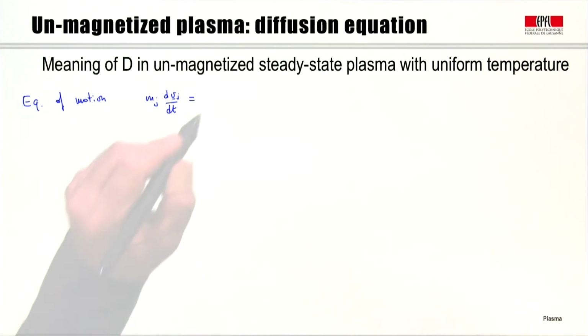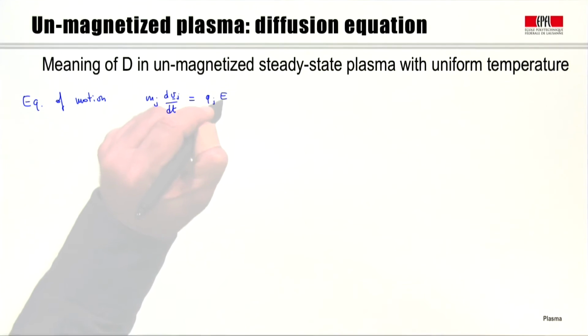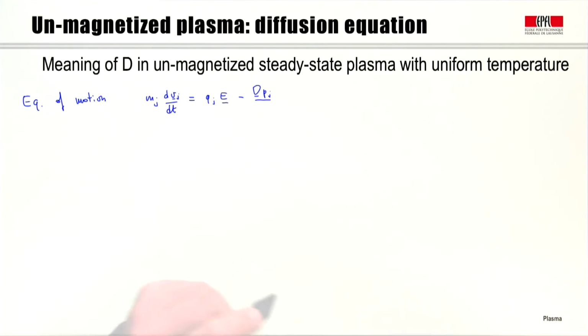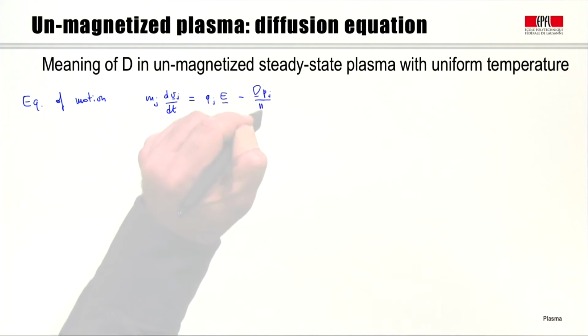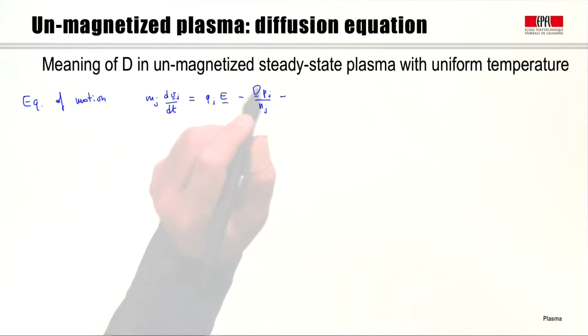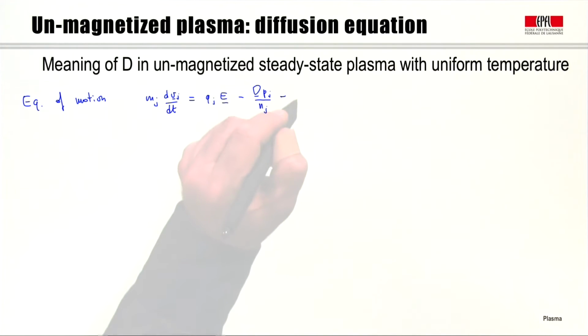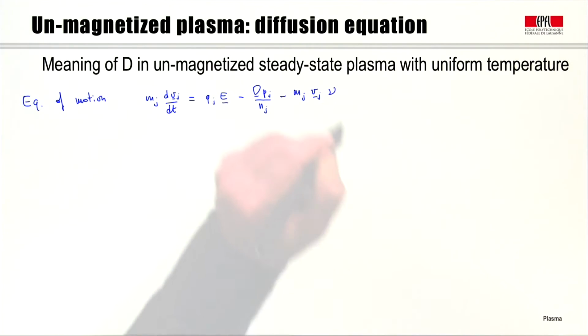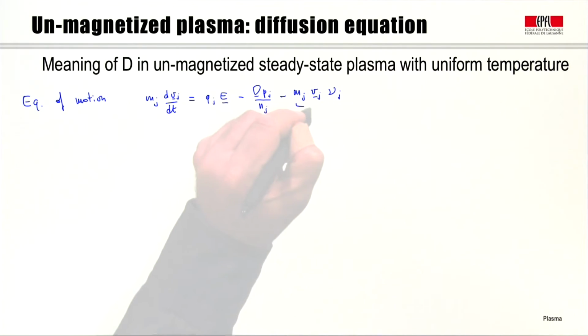So the mass times the acceleration is of course equal to the electrical force, Qj times E, plus the pressure force, which is minus grad P divided by the density, plus the friction term, which is minus the mass times the velocity times an effective collision frequency.